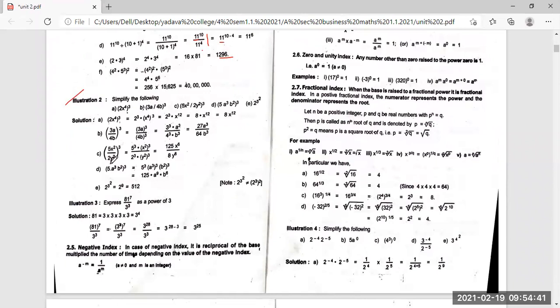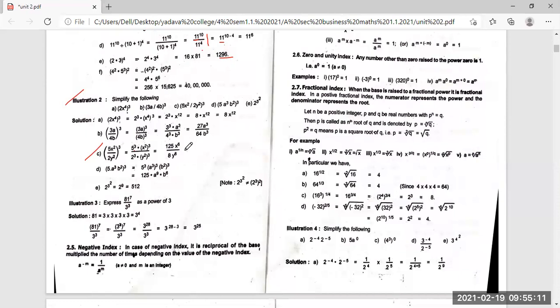When coming to the C problem, (5x square divided by 2y square) the whole power of 3. That means 5 to the power of 3 into (x to the power of 2) the whole power 3, so likewise we have to write all these things separately, divided by 2 to the power of 3 into (y to the power of 2) the whole power of 3.